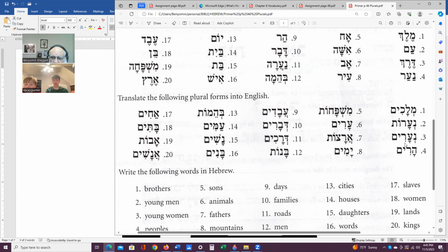Na'arim, is that young man or young men? Hills or mountains. Harim. Read it first, okay? Mishpachot, that's families. Oh wait, no. Okay. Yes. Oh wait, it is.